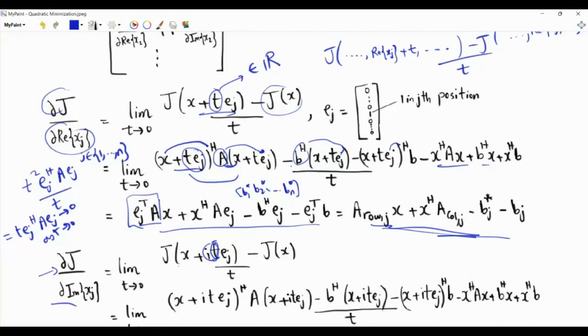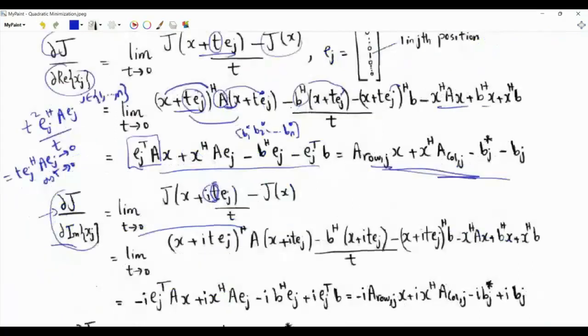Okay, so this is what we need to do, so that we write down a limit that is in fact the definition of the partial derivative of big J, which is our objective function, with respect to the imaginary part of x sub small j, which is the imaginary part of the jth component of the vector of optimization variables x.